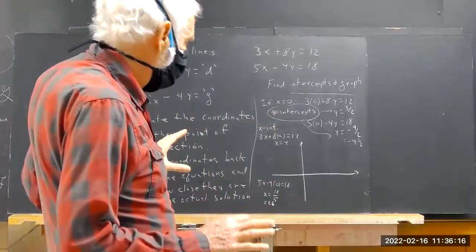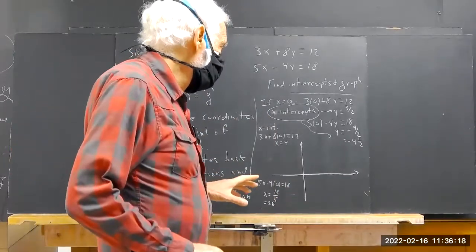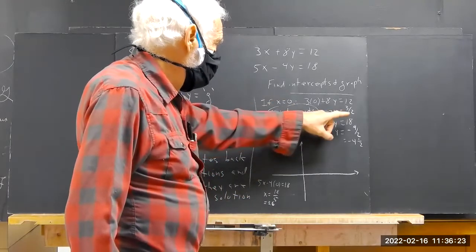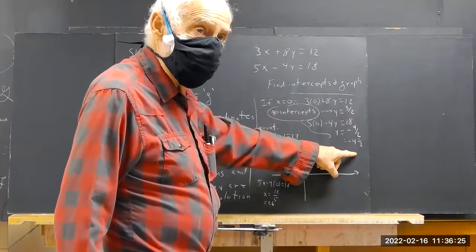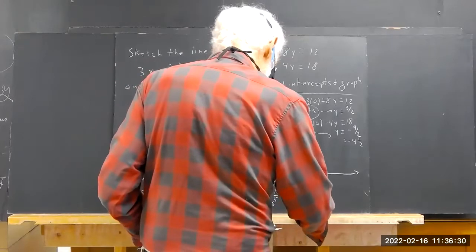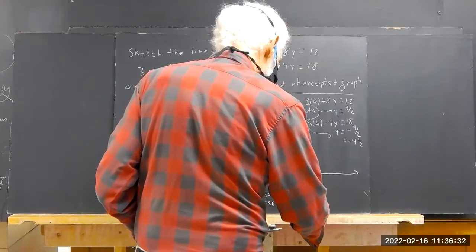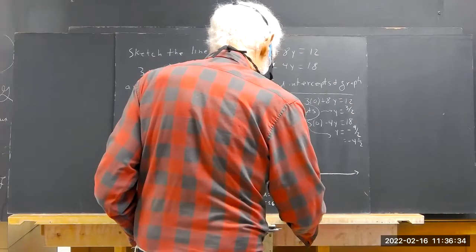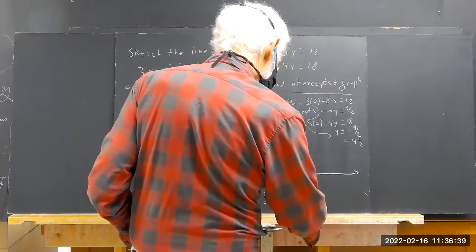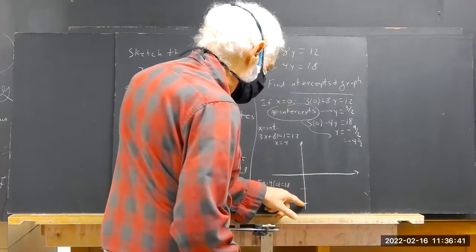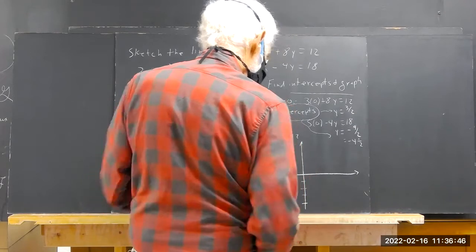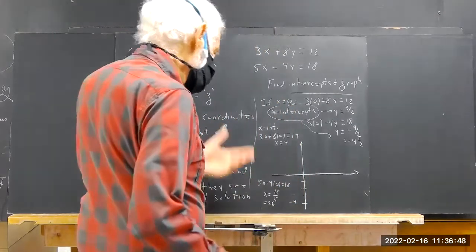Well, let's stop for a minute and think how we're going to scale this. Our y-intercepts are 3 halves and negative 4.5. I'm going to have negative 4.5 on the y-axis. I'm going to put negative 4 here. Negative 4.5 will be a little below negative 4. We can subdivide the interval from 0 to negative 4.5, and then subdivide each of these in half, and we get units.